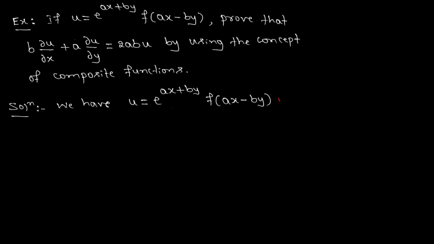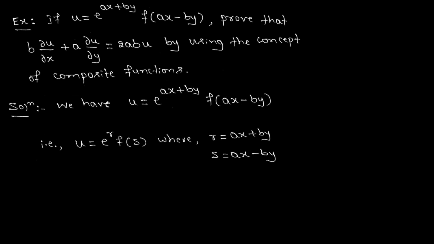The given function is a composite function. The given function u can be rewritten by taking ax plus by as r and ax minus by as s, where r is equal to ax plus by and s is equal to ax minus by.